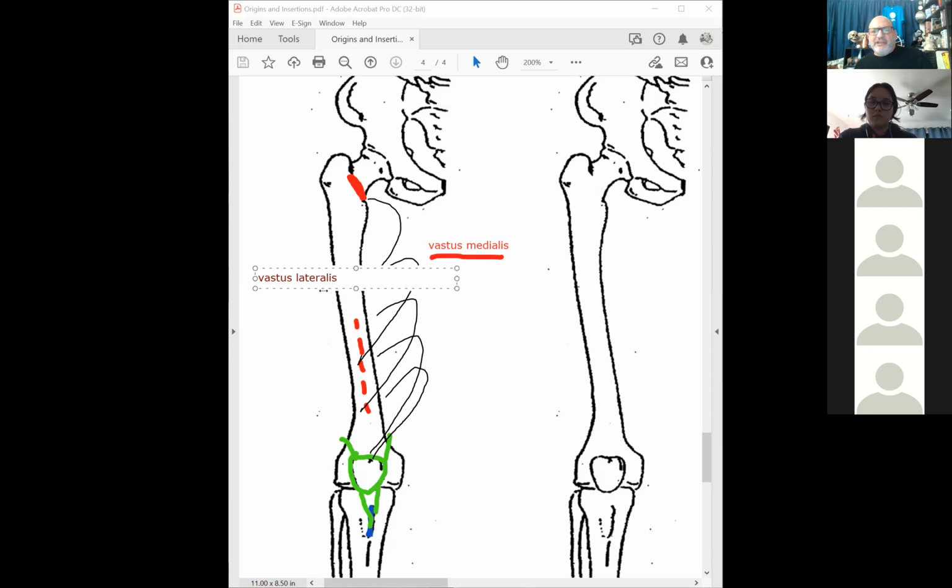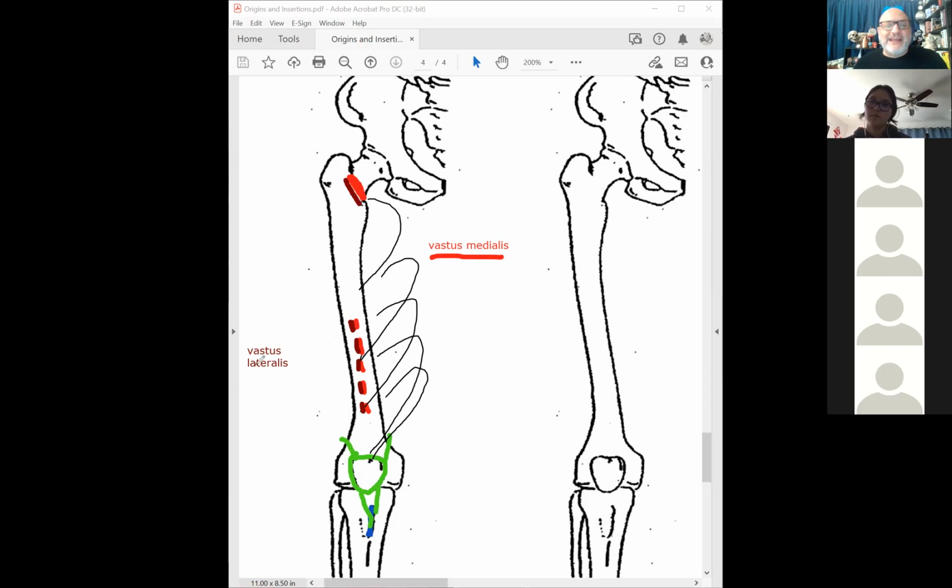Only instead of being on the medial side of the leg, what is the vastus lateralis on? Lateral. The lateral side of the leg. Notice it shares two of the origins. It also originates from the linea aspera. It also originates from the intertrochanteric line.